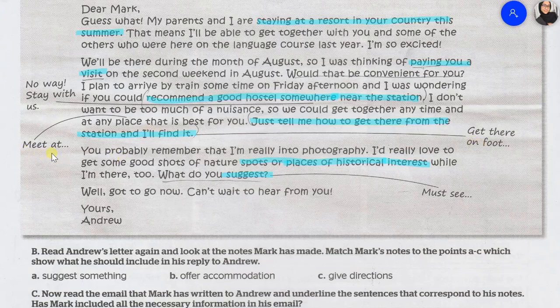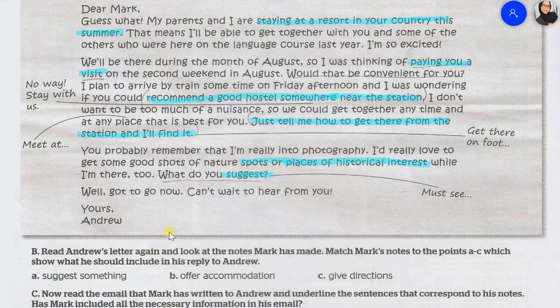And then meet at any place that is the best for you. So Mark is suggesting to meet at any place, right? The best for Mark. Then the last one, must see. Okay, so Mark is basically saying that he needs to reply to this part, giving suggestion to Andrew.